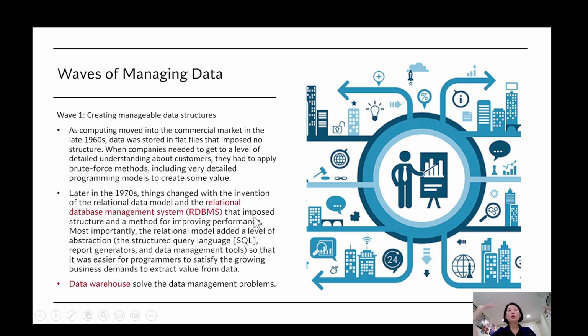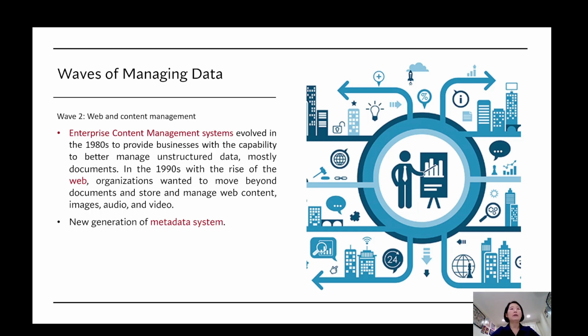You have rows and columns, so we have the relational database management system, and then the data warehouse solved the data management problem. So this is the first wave. We have RDBMS, and we have SQL to manage and manipulate your data.